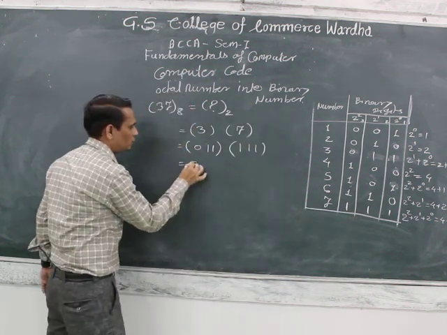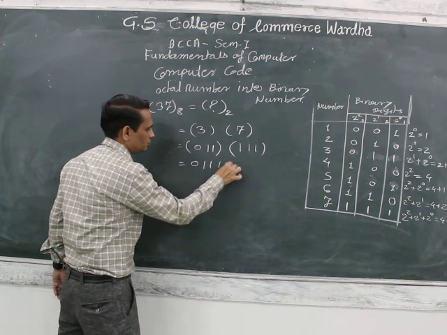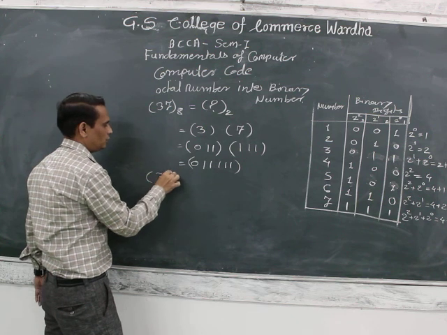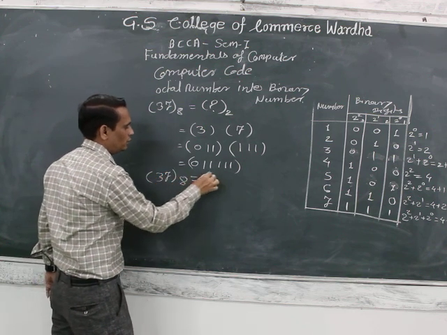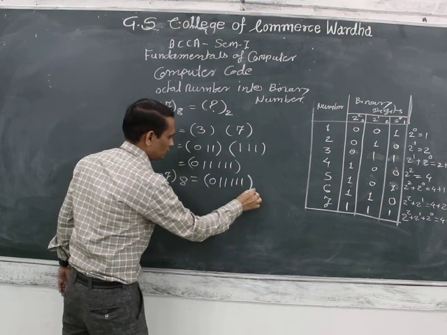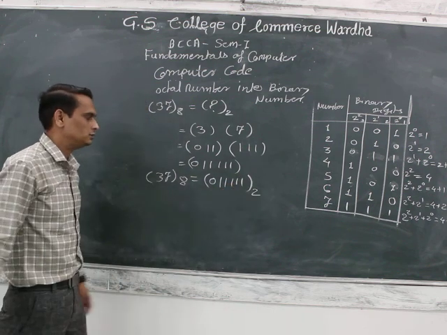So the combination of all, 37 octal, will convert into binary: 011 111.